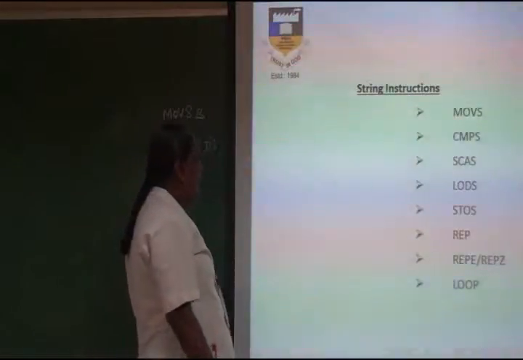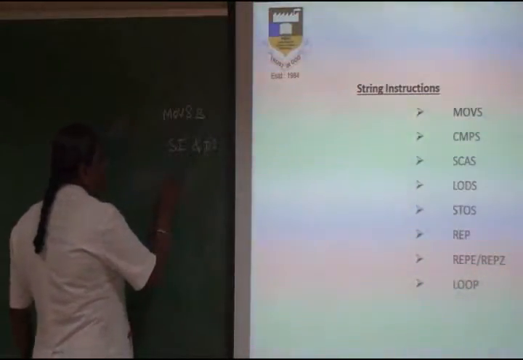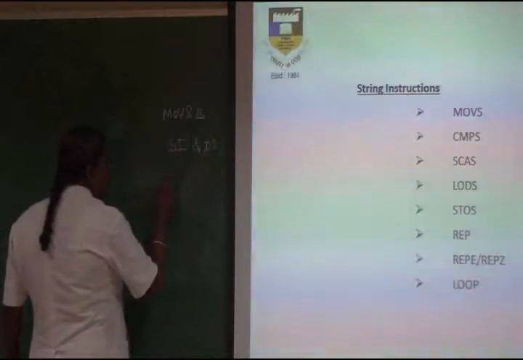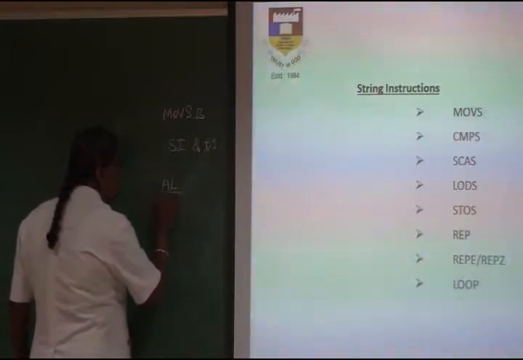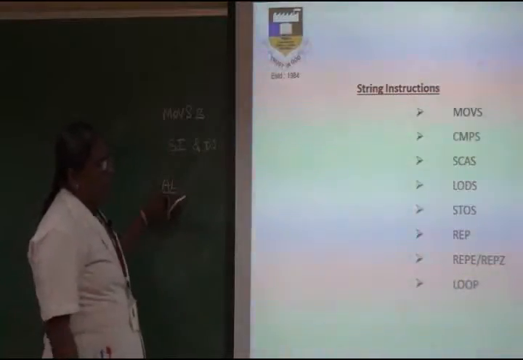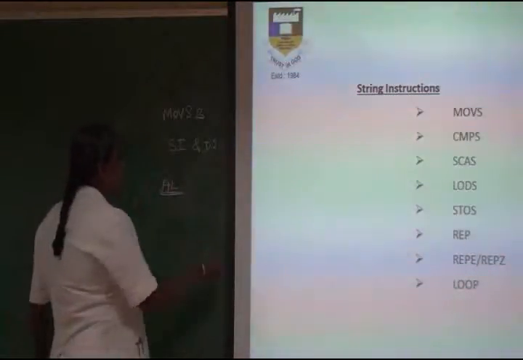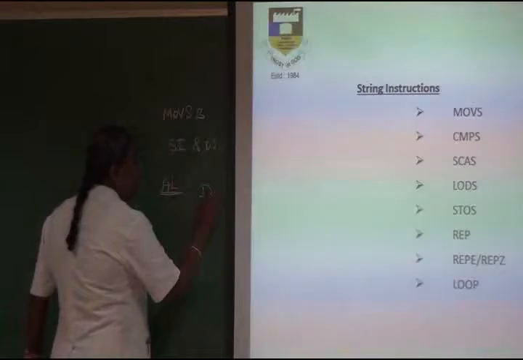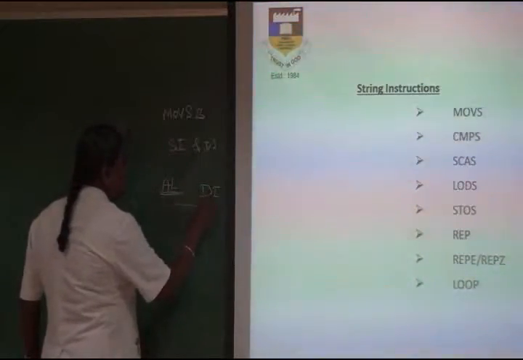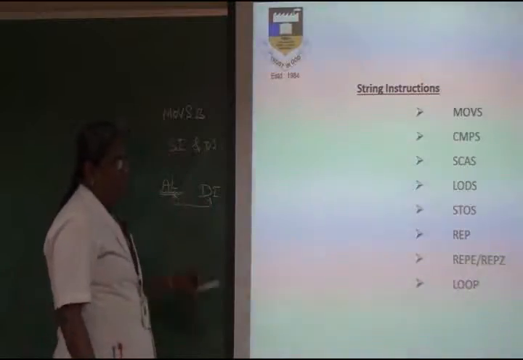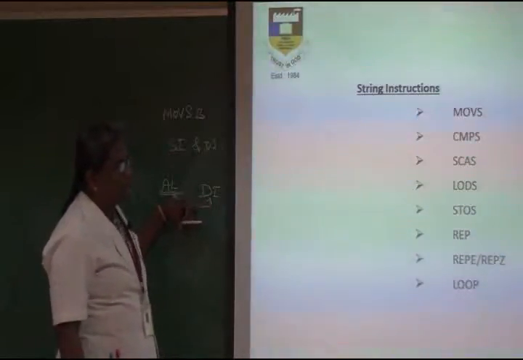And the scan instruction will perform the operation where the data in AL register, not AX register, only AL register, will be compared with the contents of the memory location pointed by DI register. These two are compared, and the result is indicated by the flags.